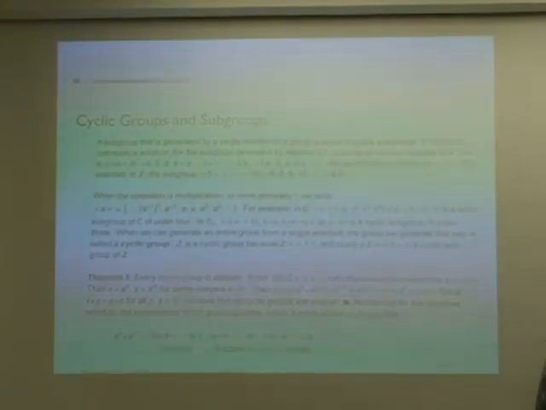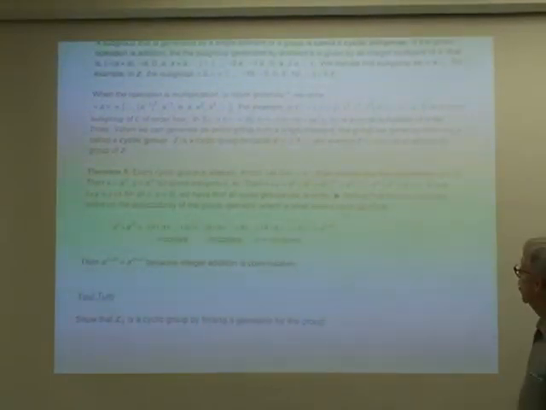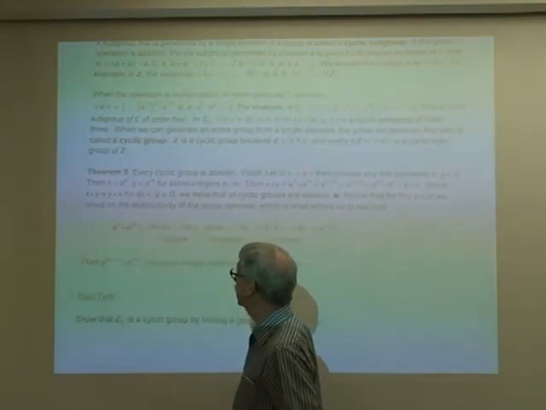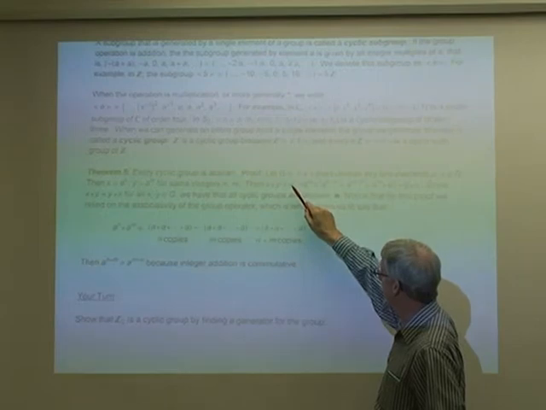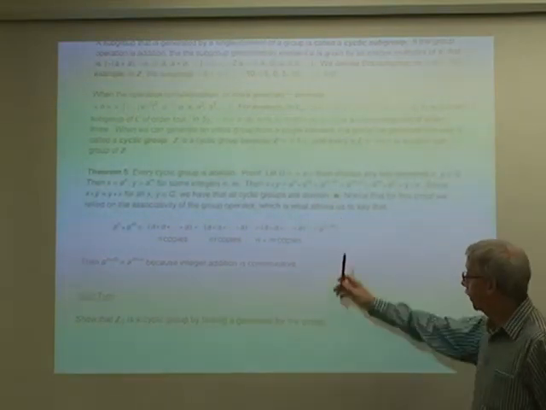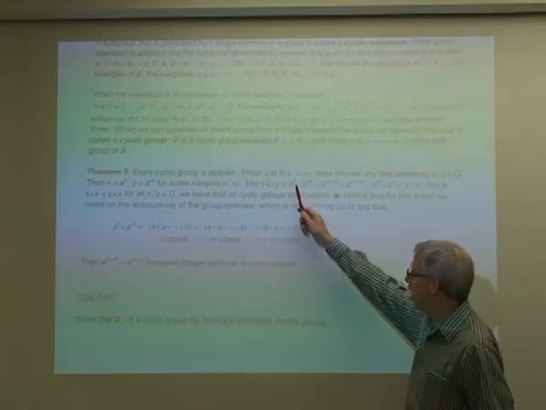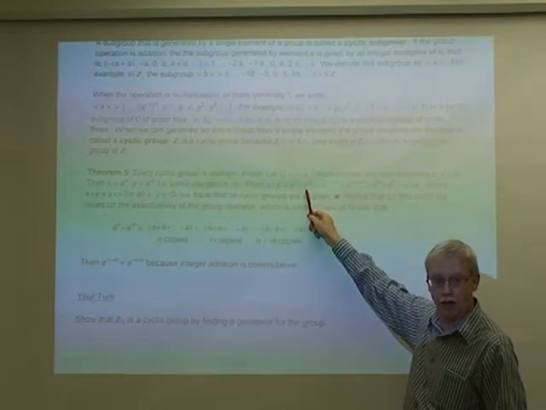Okay. Every cyclic group is abelian. This is a nice little, again, proof. Suppose A is cyclic. It's generated by a single element, then every element in the group is a power of a, using my multiplicative notation, which you do by default if you don't know abelian. So then x times y is a to the n times a to the m. Remember what this means. This is not integer multiplication. Right? This is really a star a star a star a n times, starred with a star a star a star a m times.